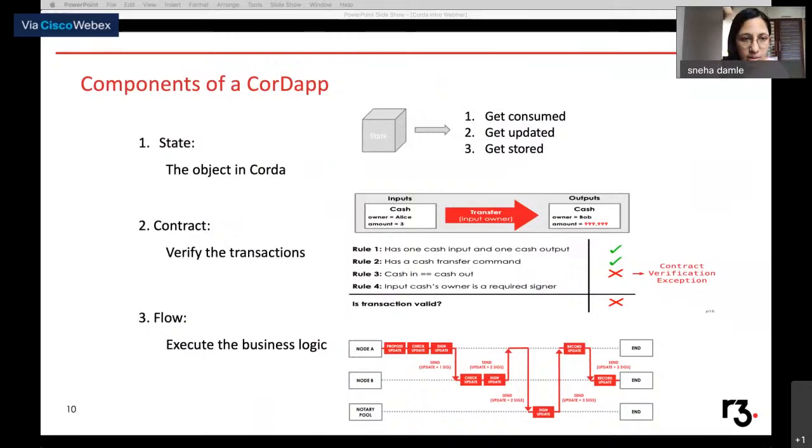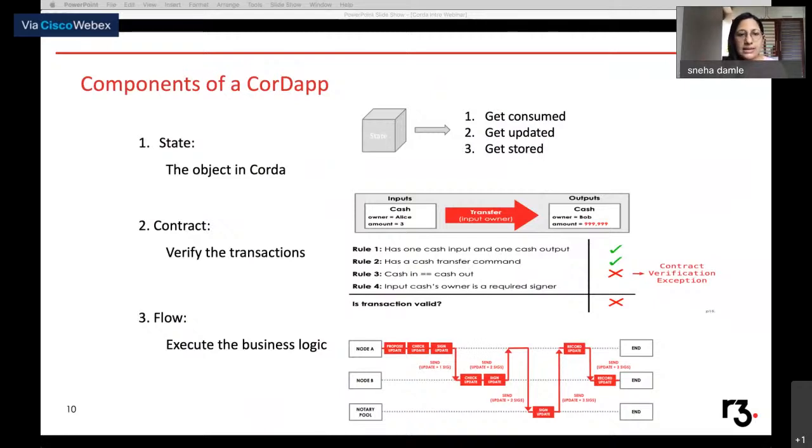In the diagram, you see that there's a transaction with one input state and one output state, and we are transferring some cash from Alice to Bob. On the left-hand side the amount is 3, and on the right-hand side the amount is 999,999. This is something weird, right?